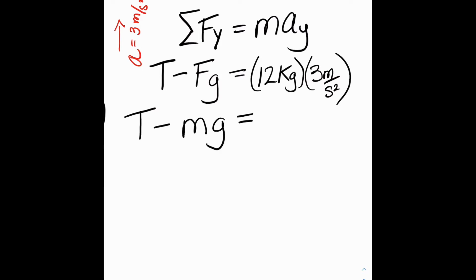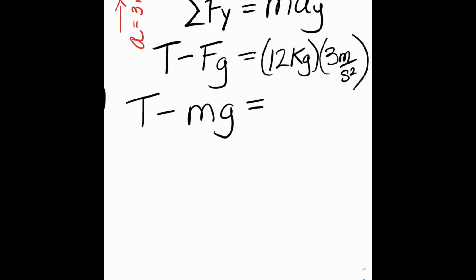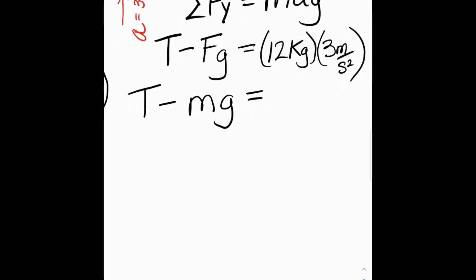So notice that even though the tire is accelerating at +3, upwards, that force gravity is about its weight, and the weight of the tire itself uses its mass times 9.81. So I just want to point that out because sometimes kids have confused those two accelerations and they're not the same. 12 times 3 is 36, so this is going to be 36 newtons over here. Because the mass times an acceleration is a force, so F equals ma. So anyways, units should be in newtons.